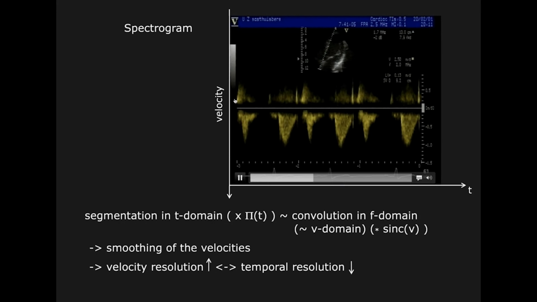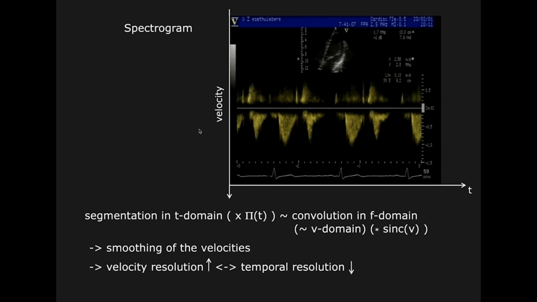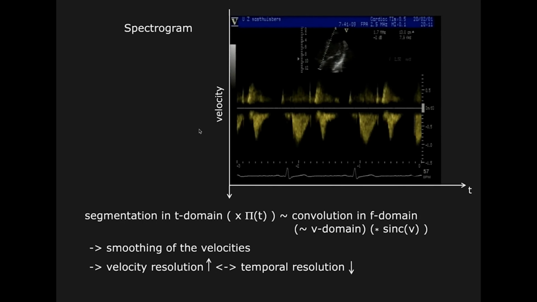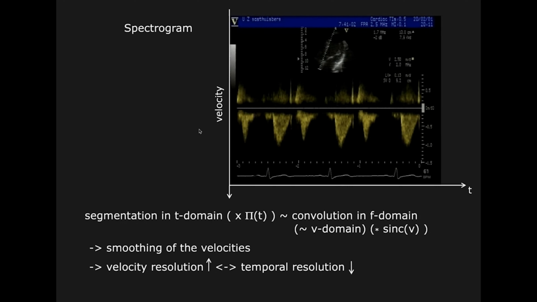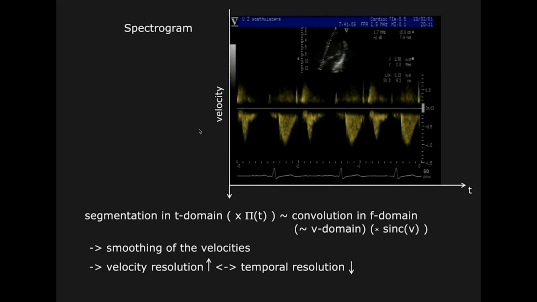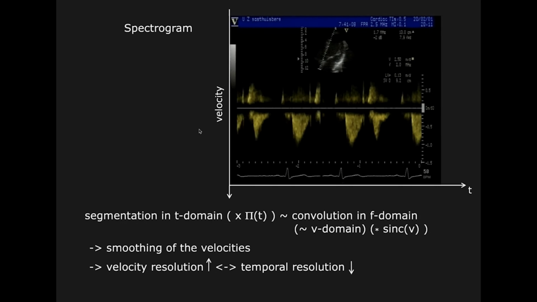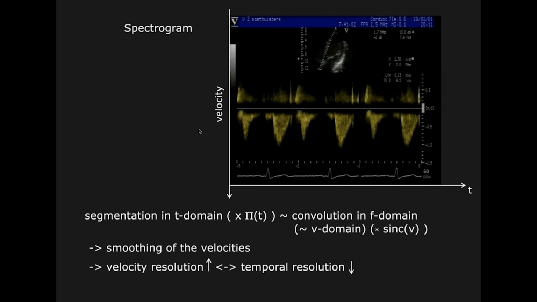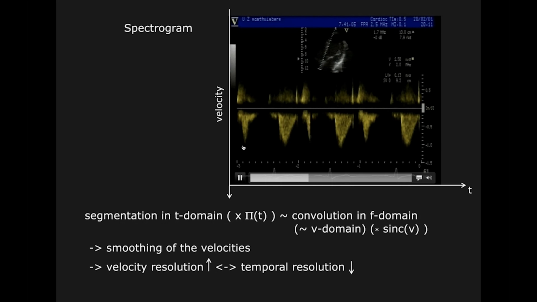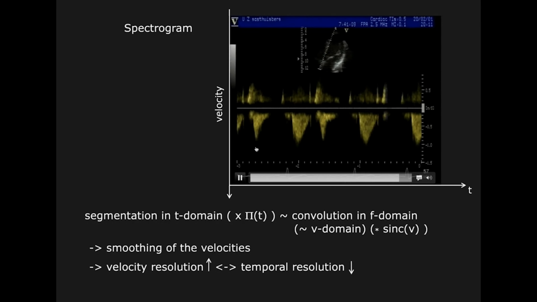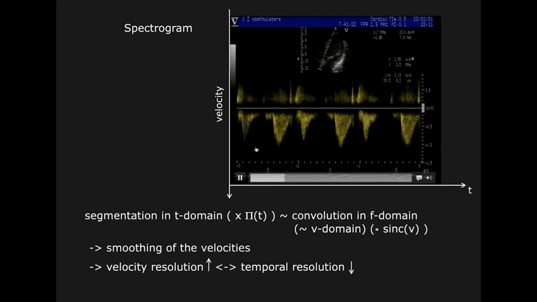So what we do is we send out a sine wave. We use a fast Fourier transform in order to calculate the frequency. We measure the frequency shift, and we can plot the frequency shift as a function of time. That's what is called a spectrogram.